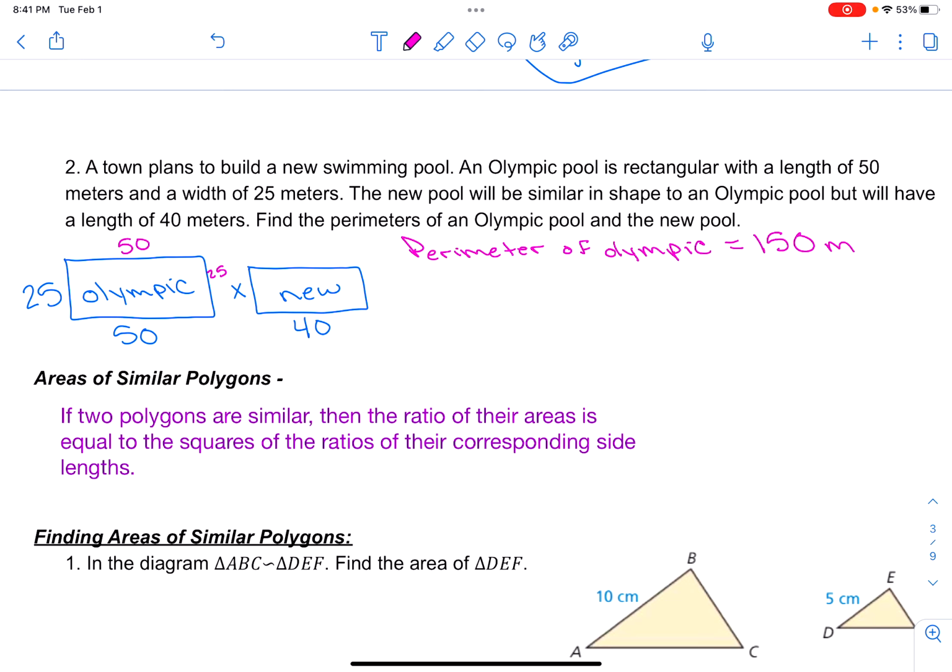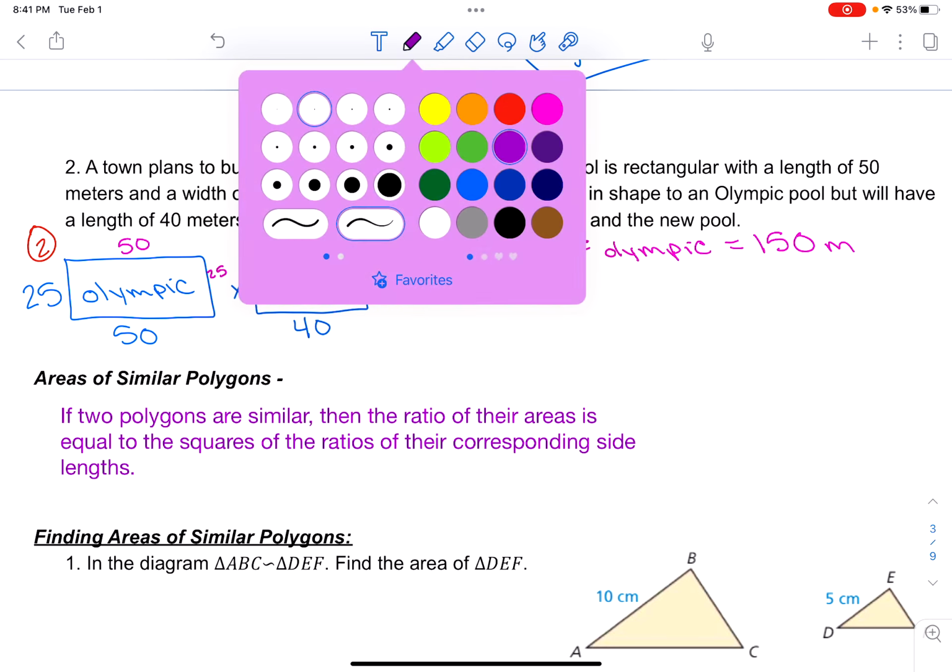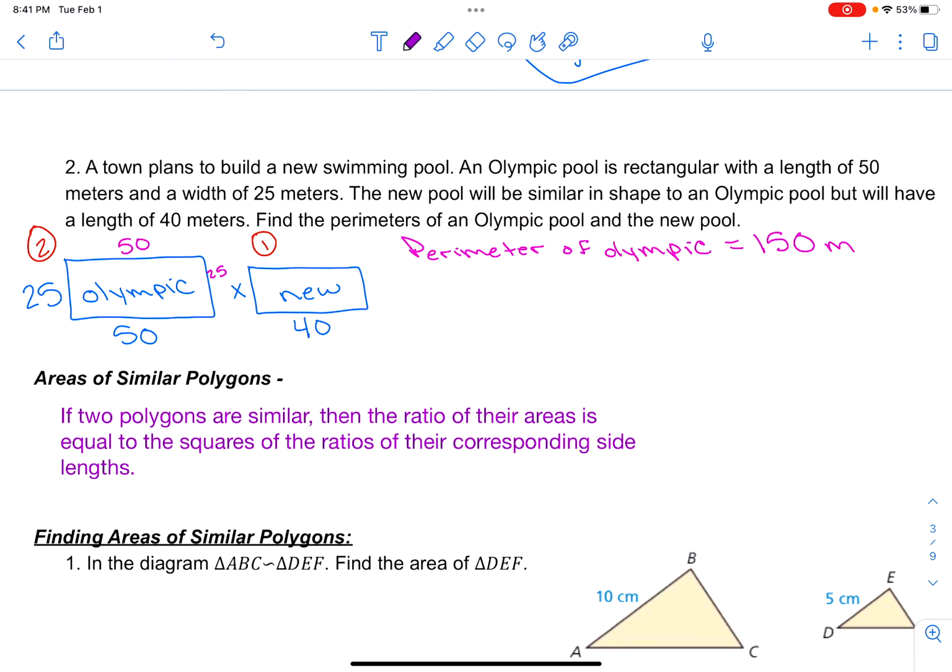Well, we can do the ratio of our side lengths. I'm going to say the Olympic pool is our number 2, just because it's bigger, but it doesn't necessarily matter which way we do it. So we know that the lengths are proportioned, right?